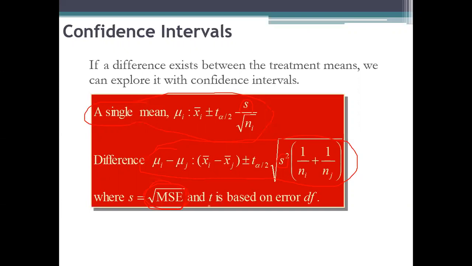And the T, this one, in our previous lesson was Z, isn't it? But now it is T. The T is based on the degree of freedom of error, or within groups.